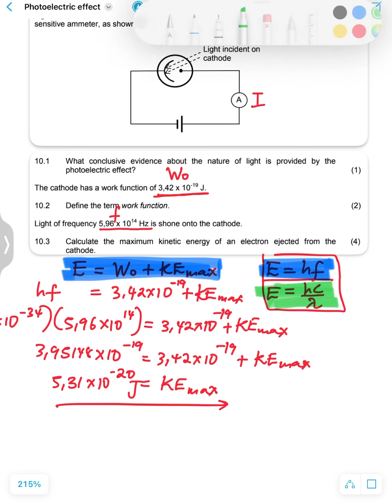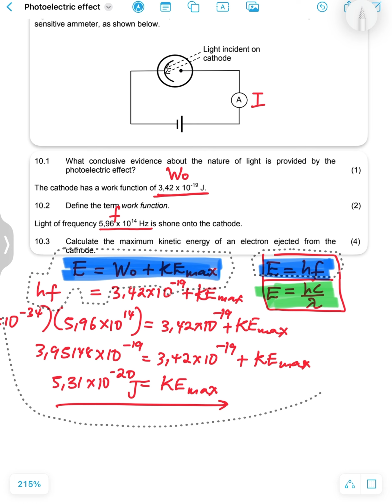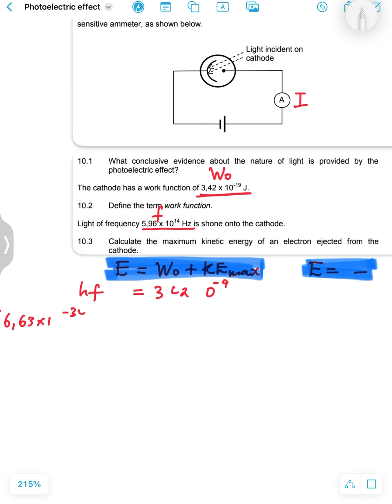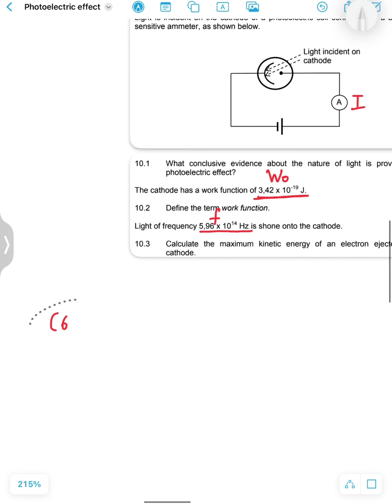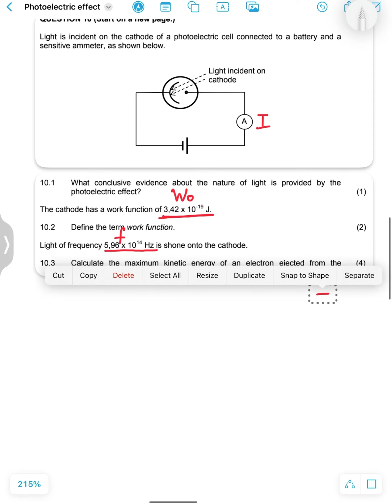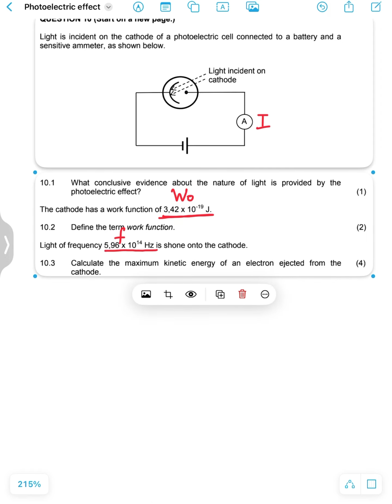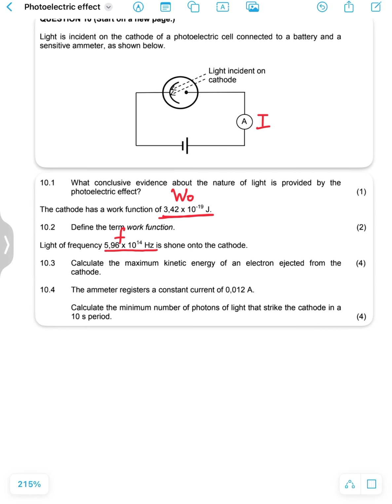Okay, so I'm going to go to 10.4. So let's look at 10.4. It says here that the ammeter registers a constant current.